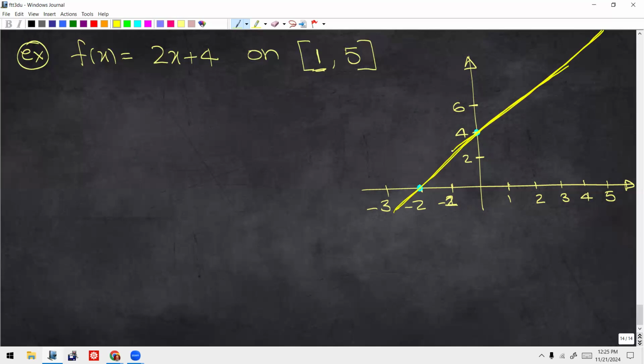So that is a function that was given to us. y is equal to 2x plus 4. I want to find the area under that curve between what? 1 and 5. So here is 1, and here is 5. So I want to find this area.